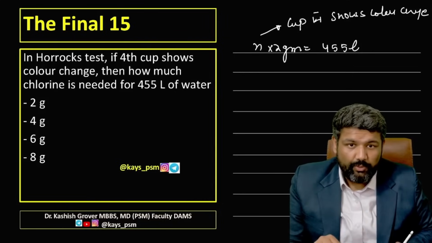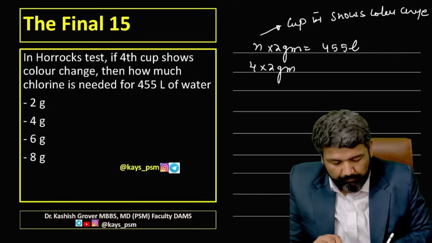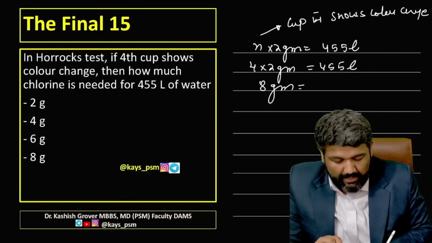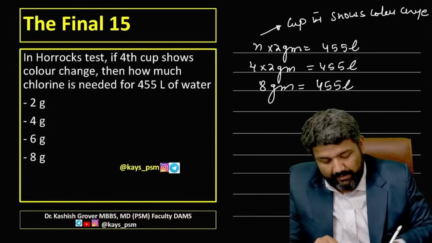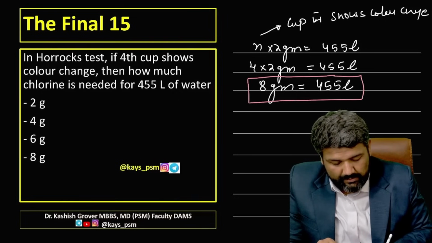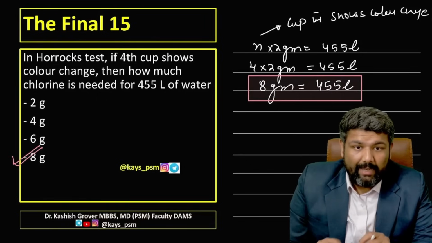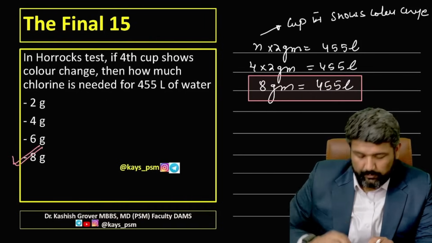In this scenario, N is 4, so 4 into 2 grams. So 8 grams of chlorine is needed for 455 liters of water. So here the correct answer is 8 grams.